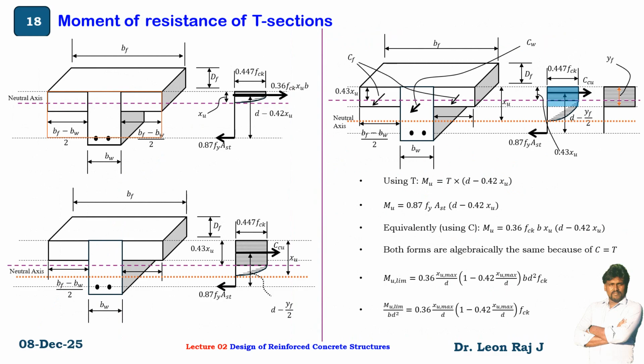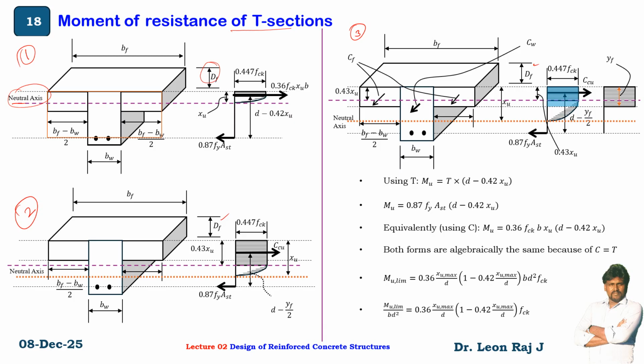Now, moment of resistance of T sections. Here there are three cases: case 1, case 2 and case 3. In the first case, the neutral axis falls within the depth of the flange. This is the depth of flange, Df.